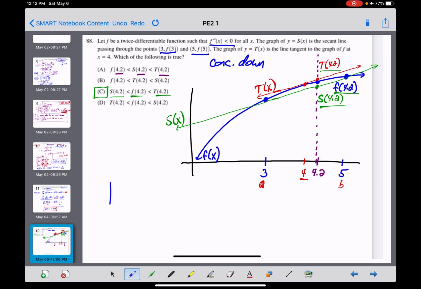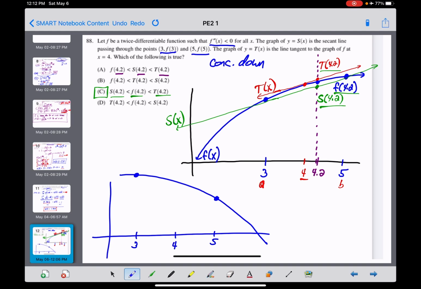I am curious real quick if that would change if I drew a curve that was decreasing but concave downward. So maybe something that looked like this. If I tried to do the same thing very quickly here, guys, without boring you too much. All right, if 3 got me right here and 5 got me over here, there's a point. There's a point. Okay, gotcha. 4 would be in the middle, and 4.2 would be just a little bit past that. So again, my secant line would be in green, so it would look something like that.